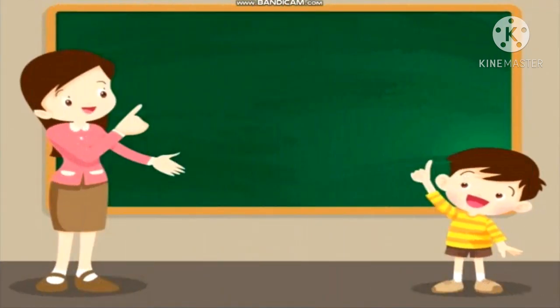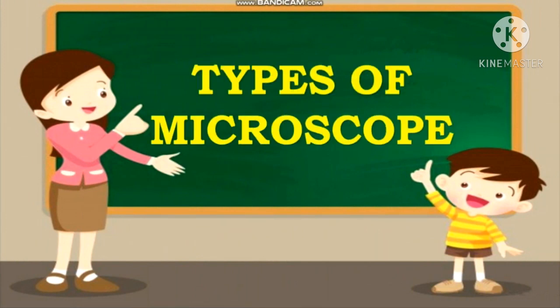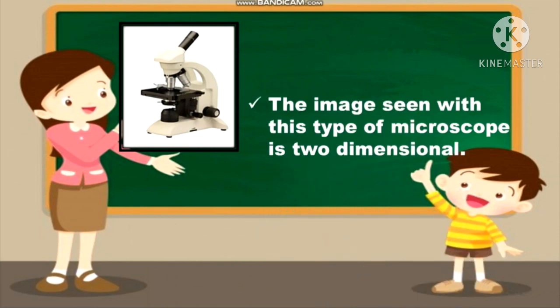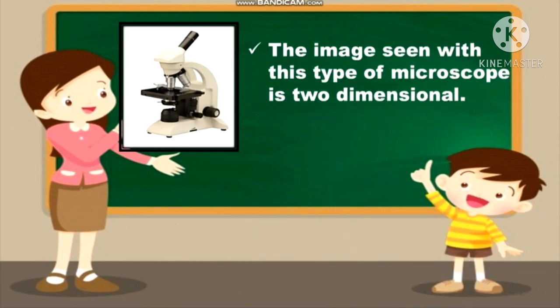Now that we know the difference between magnification and resolution, we'll now proceed to types of microscope. The first one here is compound microscope. When we say compound microscope, it is a microscope that is light illuminated.